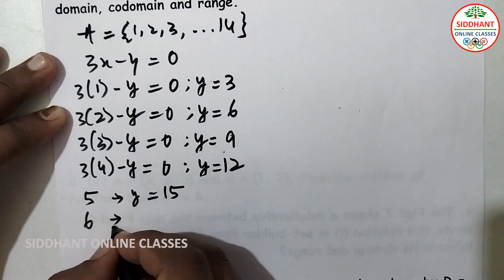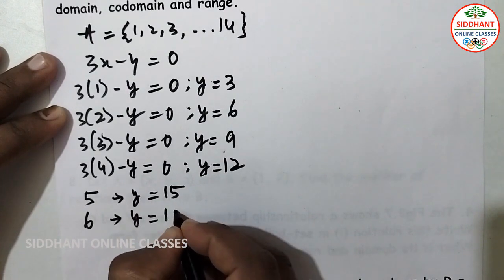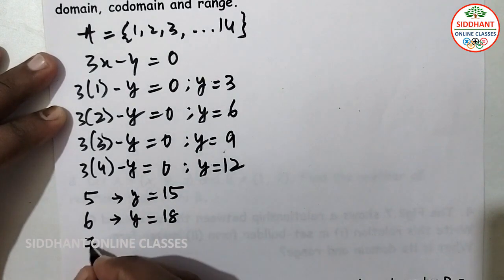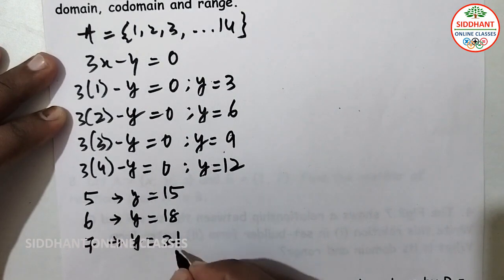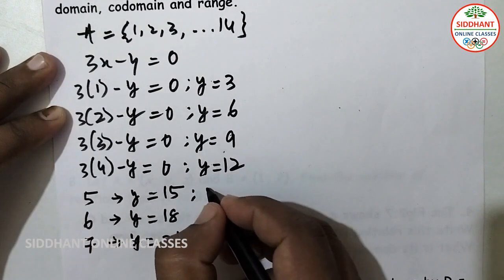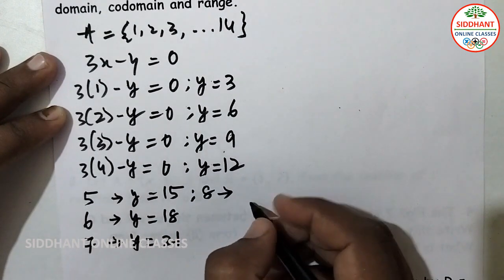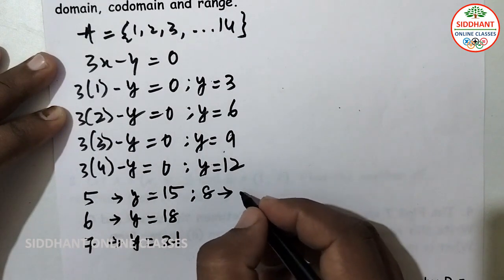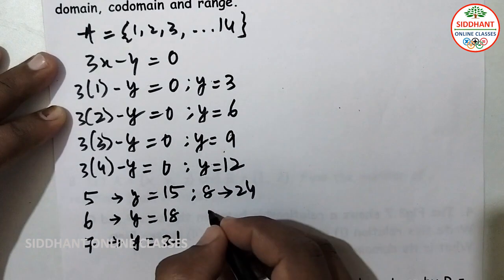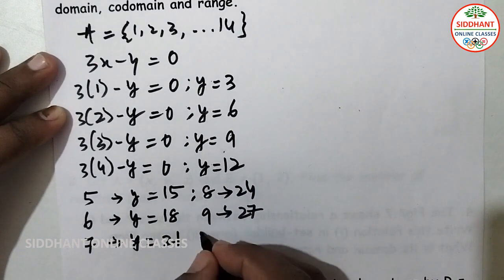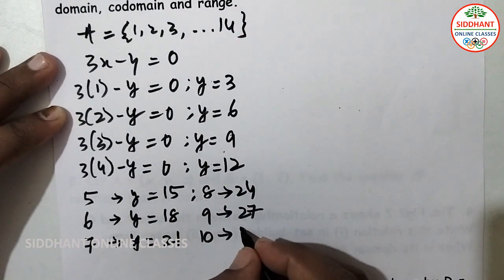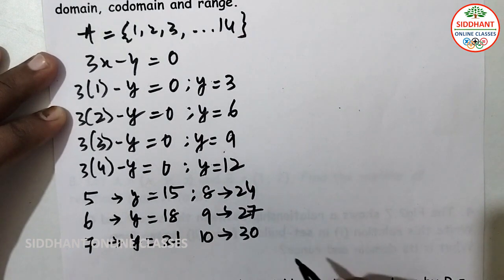For 6 we get y value 18. For 7, the y value we get is 21. When you input 8, we get 24. For 9 we get 27, and for 10 we get 30.